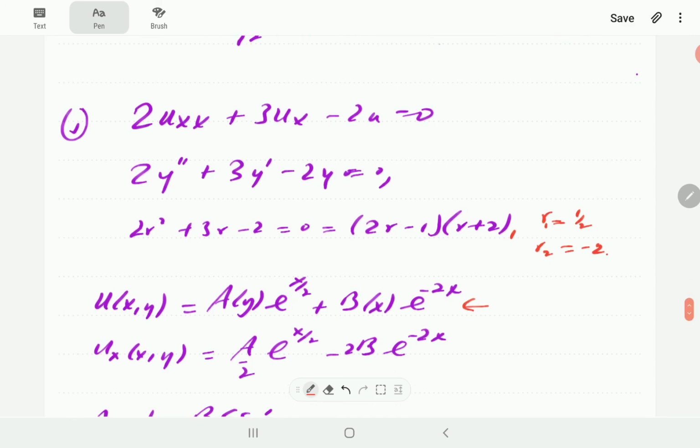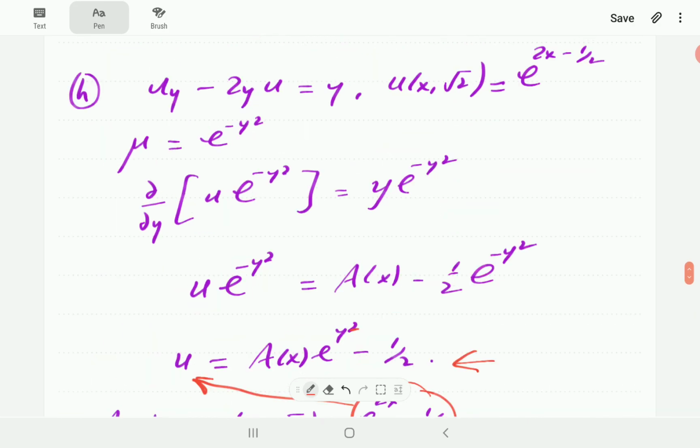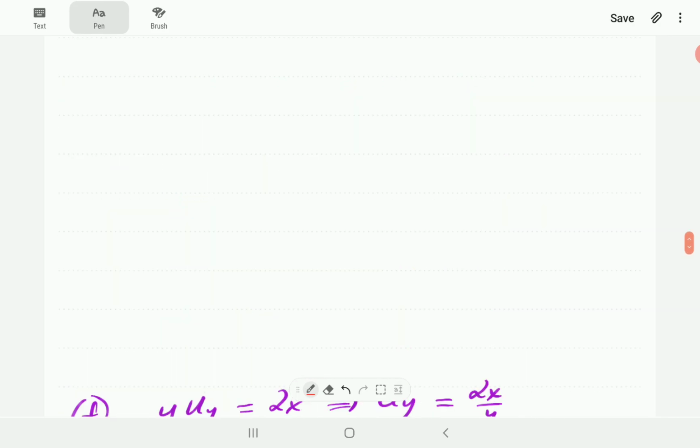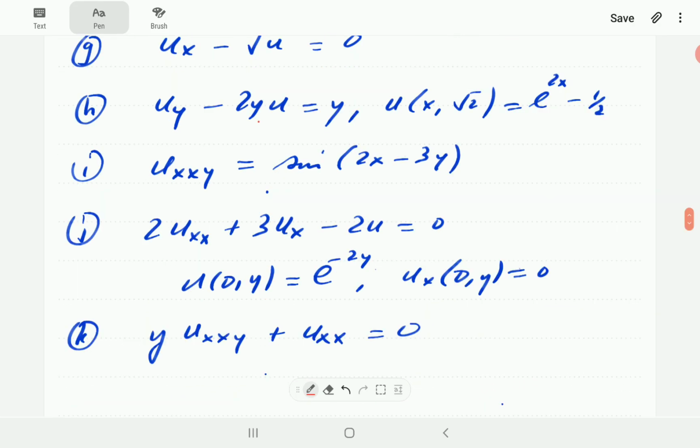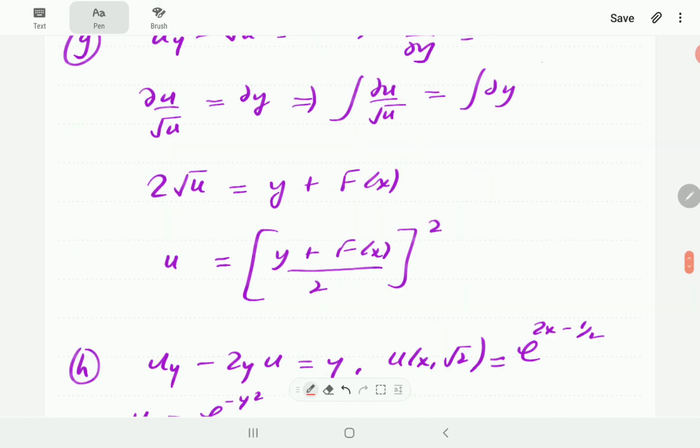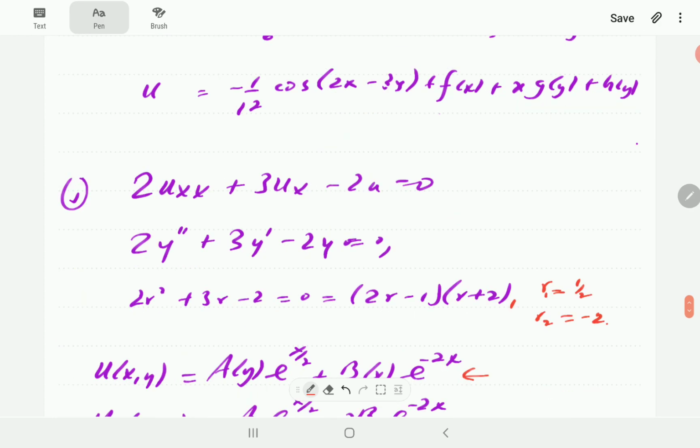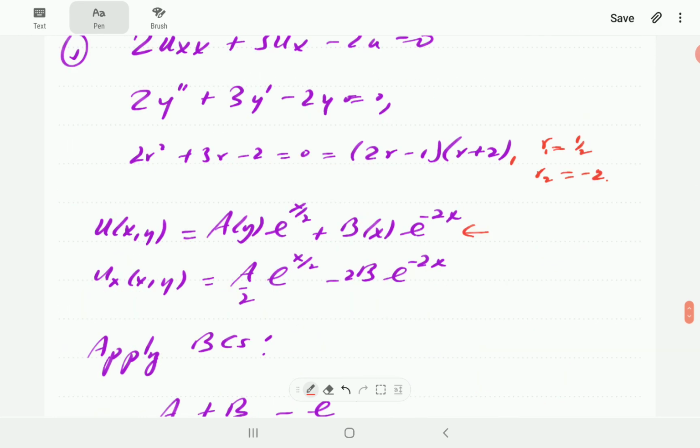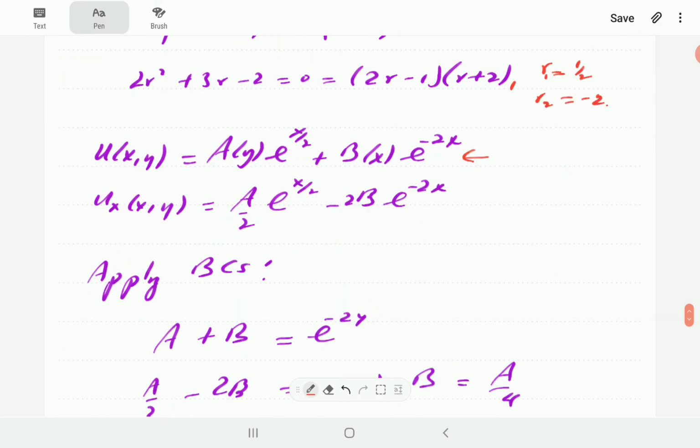Looking at the boundary conditions, we see that we're going to need the x derivative. So we're going to differentiate this with respect to x. So that's going to be the derivative there.